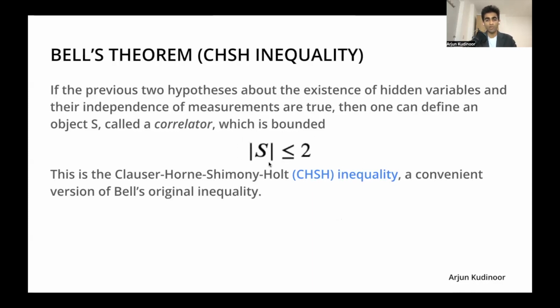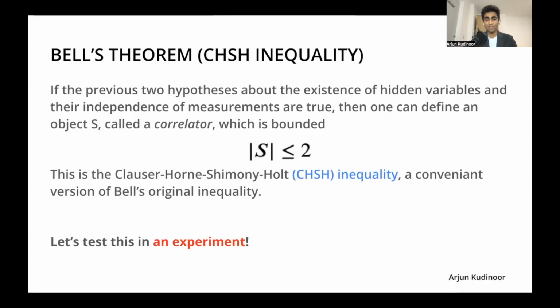In the system that we'll talk about, it'll be bounded by this inequality, where the correlator is less than or equal to 2. This is a simpler, convenient version of Bell's original inequality. This is what we call the CHSH inequality, or Clauser-Horne-Shimony-Holt inequality.